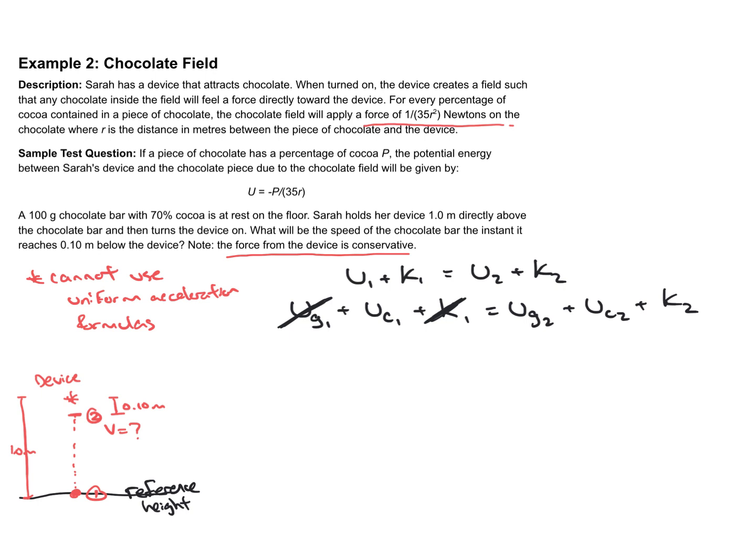So on the left side, the chocolate potential energy, we're given this formula for how to calculate the chocolate potential energy. So I'm just going to apply that formula to get the left side of this equation. Negative P. P stands for the percentage of the cocoa, which is a 70% chocolate bar. So it's 70 divided by 35R.